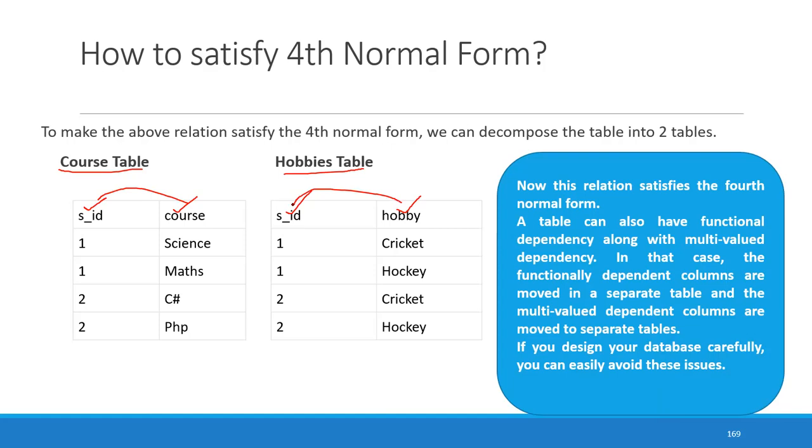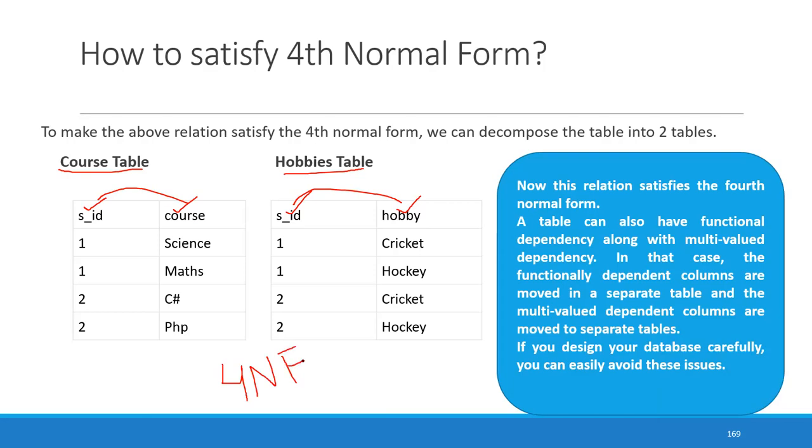Here they can choose a course from this table, and a hobby from this table. Now these two relations are converted into fourth normal form, because there is no multi-value dependency.